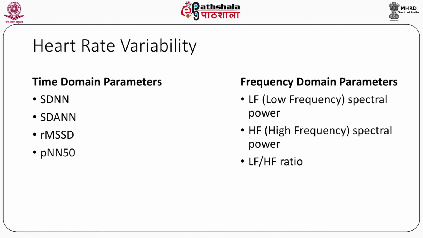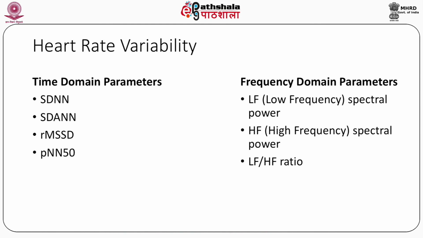There are various parameters like SDNN, SD average, the root mean square of the successive differences, and the percentage of NN intervals which differ by more than 50 milliseconds. Each of these basically involves analysis of the RR intervals to see how much heart rate variability there is. Heart rate variability is a normal phenomenon representing the interplay of sympathetic and parasympathetic tones.